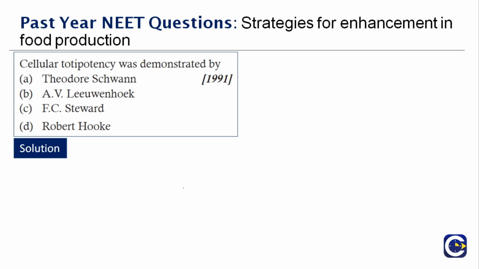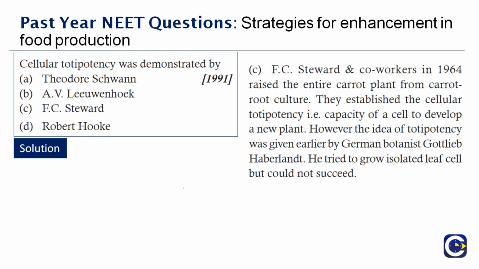However, the idea of totipotency was given by the German botanist Gottlieb Haberlandt, and we saw it in the last question, where we saw a picture which demonstrated what is totipotency. Anyway, cellular totipotency was first demonstrated by F.C. Steward and his co-workers in the year 1964.